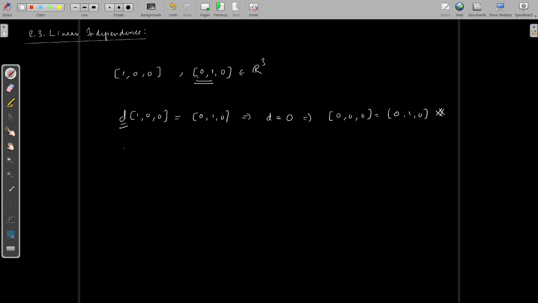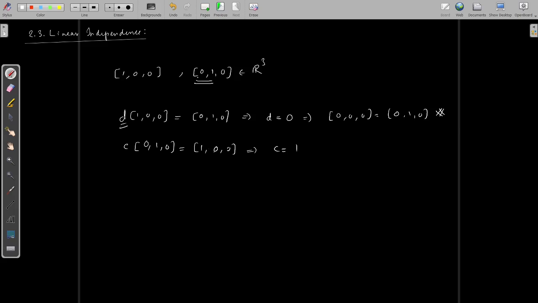Similarly you can do the other thing. Consider the linear combination of (0, 1, 0) as c times (0, 1, 0), that is equal to (0, c, 0). We need to verify that (1, 0, 0) is an element of this span, or an element of the linear combinations of (0, 1, 0).